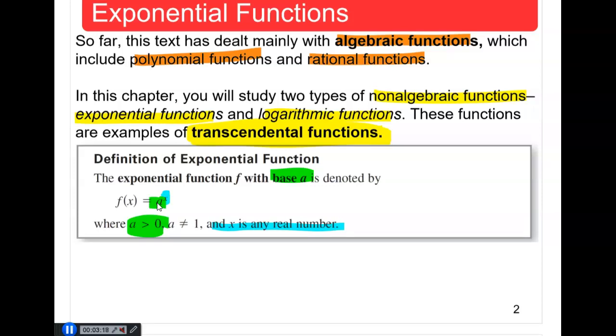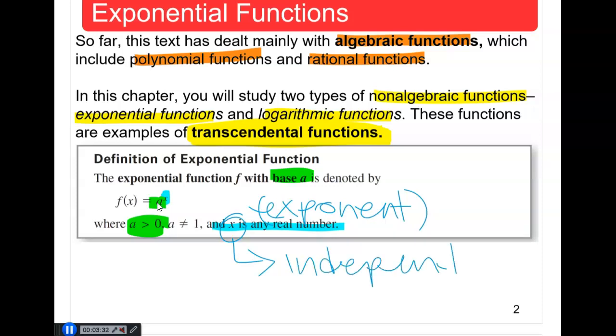So this will be the exponent, and that x is the independent variable.